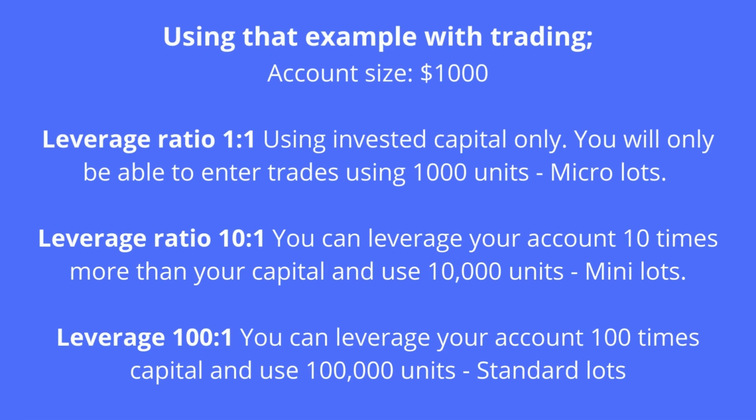So then you've got 10,000 units that you can start playing with, and you're going to make larger amounts of money. And then again, leveraging 100-to-1 means you're leveraging 100 times your capital. That means you can then trade with standard lots, which is 100,000 units. And if you're entering standard lots, it will be like 1.00.